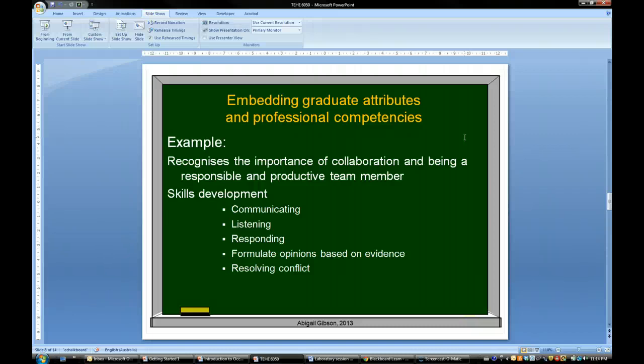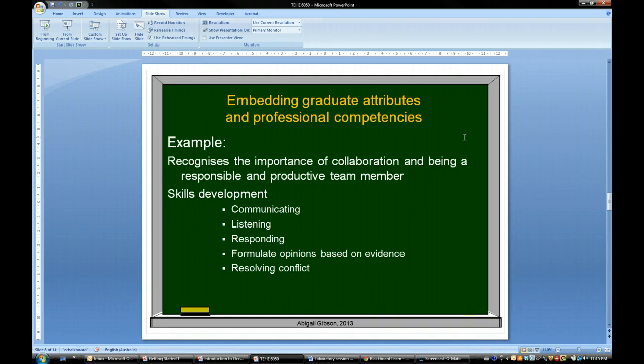So one of these, which is also reflected in the graduate attributes of the University of Newcastle, is that students are able to recognise the importance of collaboration and being responsible and productive, a productive team member.